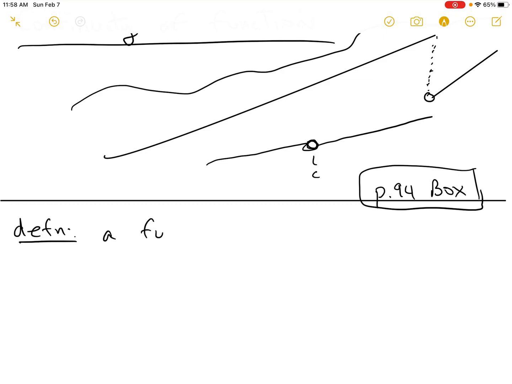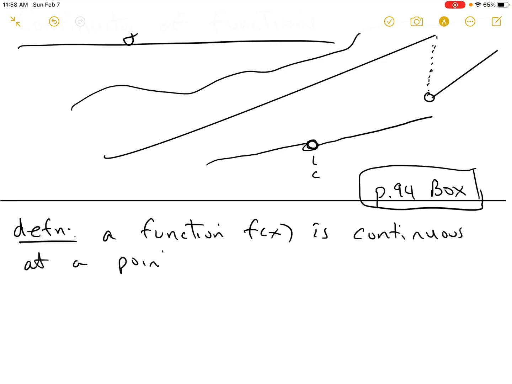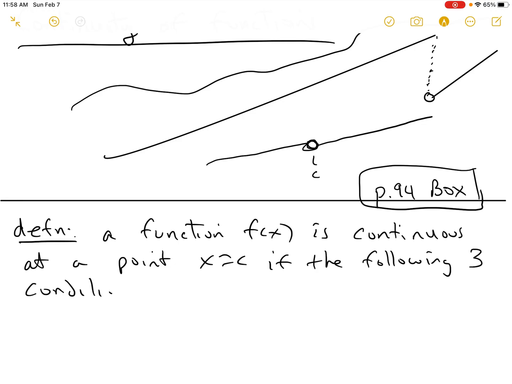A function f of x is continuous at a point x equals c if the following three conditions hold.